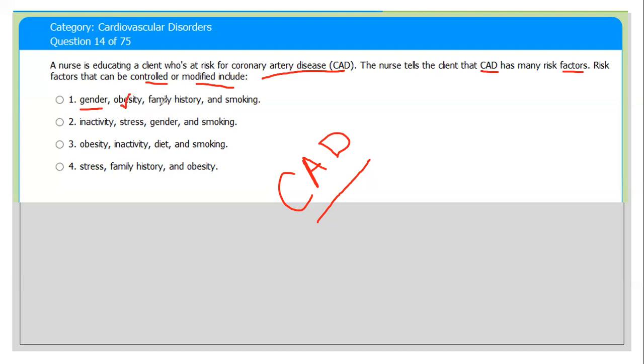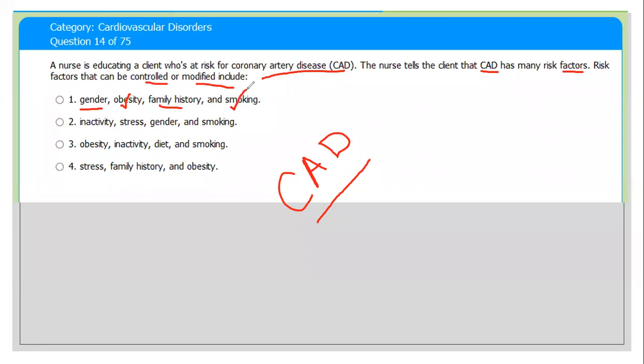Family history, is it possible to change? Definitely no. If my father has coronary artery disease, I have a chance to develop coronary heart disease. How can I change the genetic material that I got from my father? So it is not possible to change.